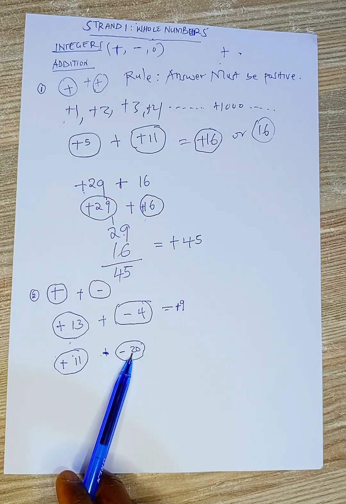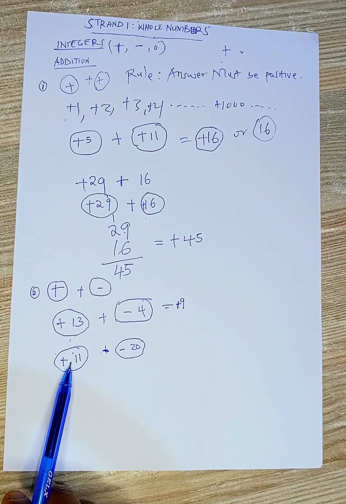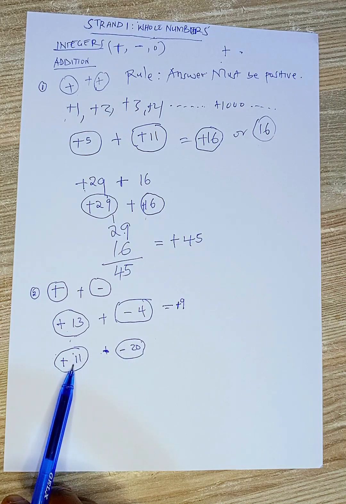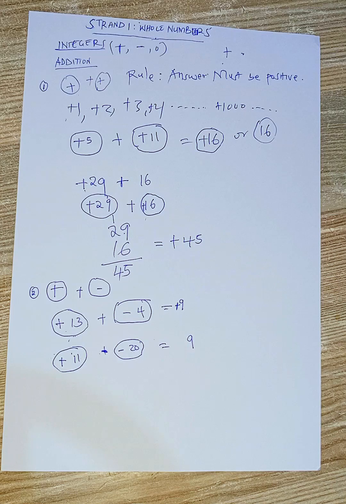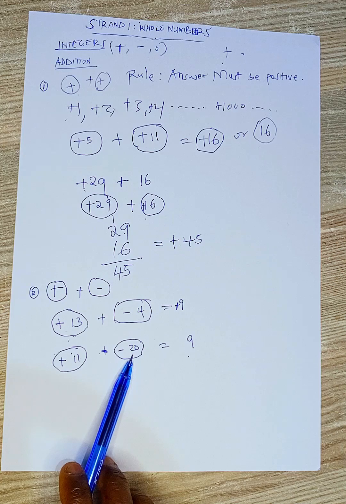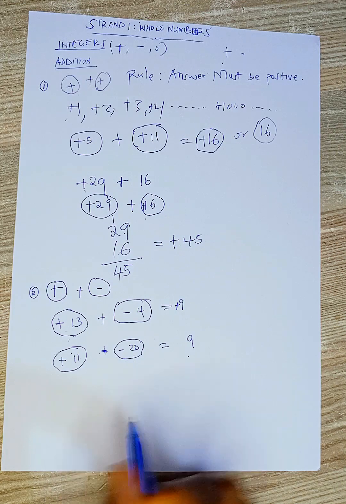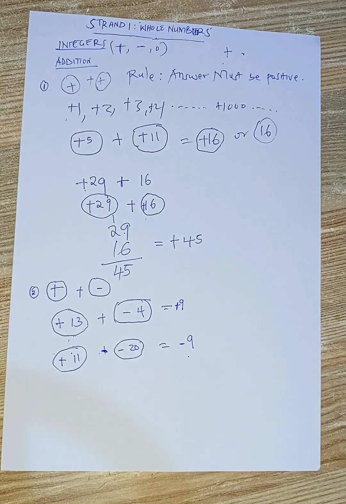So we take the larger number and subtract the smaller number. So this is 20 minus 11. We are going to get 9. And then we write the answer with the sign of the larger number. The larger number is 20, so the sign is negative. That is how it is.